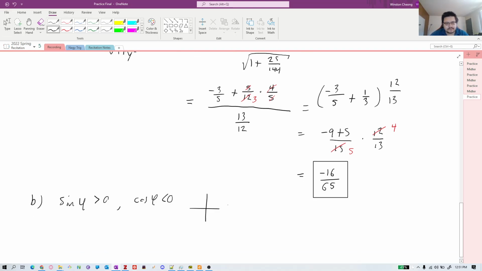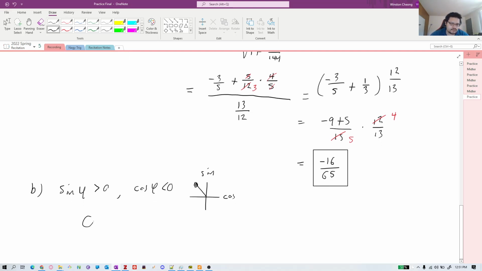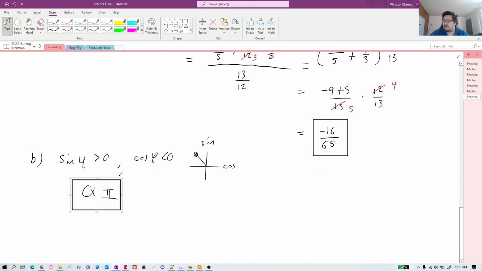So that tells us sine being positive means it's the upper 2 quadrants, cosine being negative is the left 2. That isolates which quadrant we're in. We're in the second quadrant. So we're in Q2, I'll say. And I'll go ahead and box that. Right. So that was number 1.